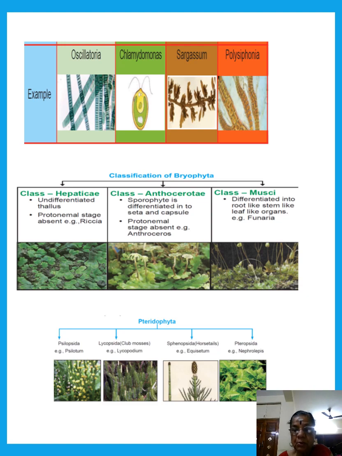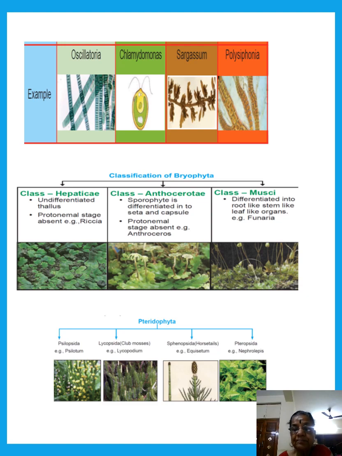Green pigment, chloroplast, chlorophyceae. This is brown pigment, phaeophyceae, but chlorophyll is present at the same time, hidden here. And this is Polysiphonia, red algae. All these are red algae, whereas this is blue-green algae, Oscillatoria. So these are all examples for thallophyta.